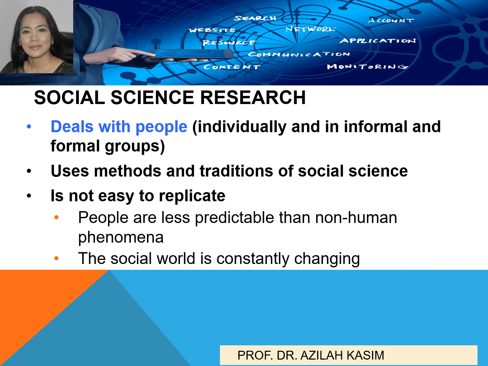So we have to use methods that are suitable to deal with this research, because we deal with people. We have to understand the challenges involved when dealing with people. Therefore, social science research is not easy to replicate.